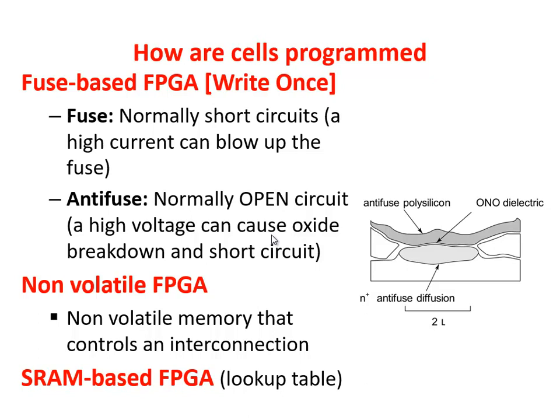In the FPGA, what you have is an array of logic circuits that can be programmed, or for which the interconnections can be programmed in order to implement different functionalities.